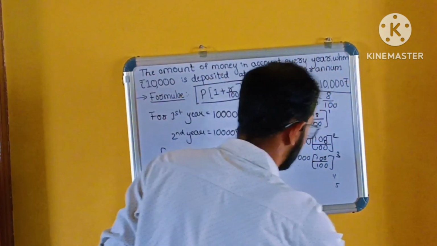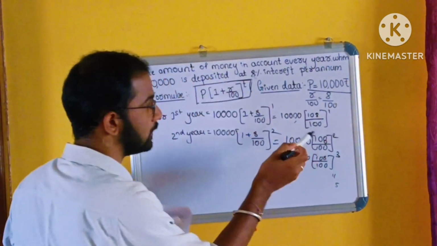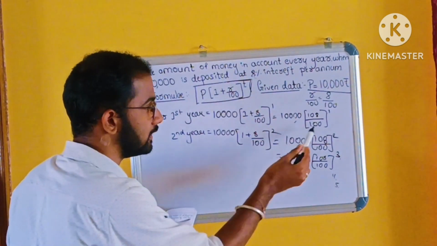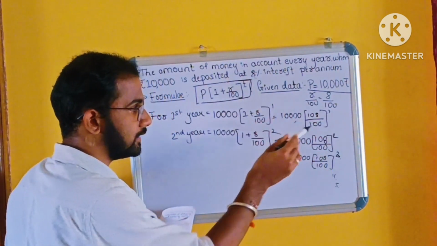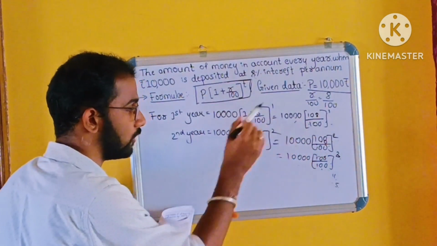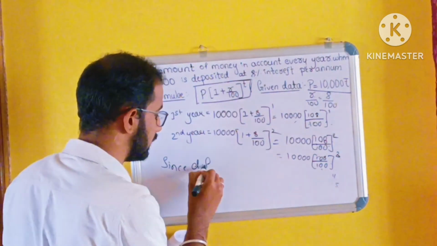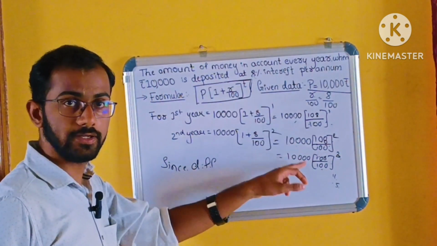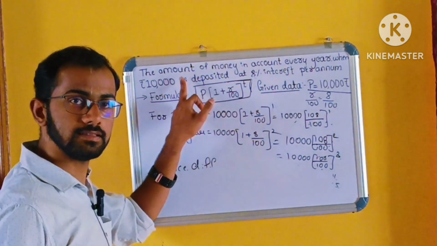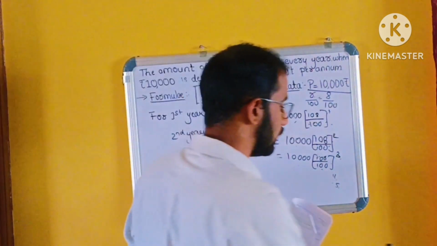Here also it is the same: the power is raised by 1, 2, 3, 4, 5, so the power is not a constant. Hence, these terms form a sequence that is not an AP, since the difference between consecutive numbers is not the same. This is how we can solve it.